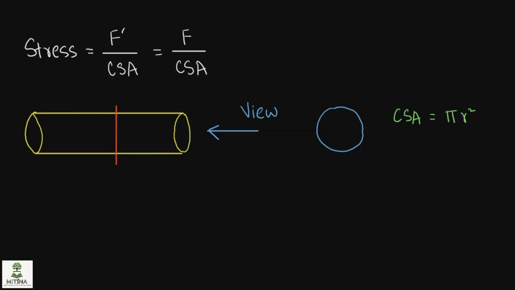Now the reason behind considering cross-sectional area is that it is the minimum area. We have cross-sectional area as the minimum area. And why do we consider the minimum area? So that the stress that comes out is maximum.